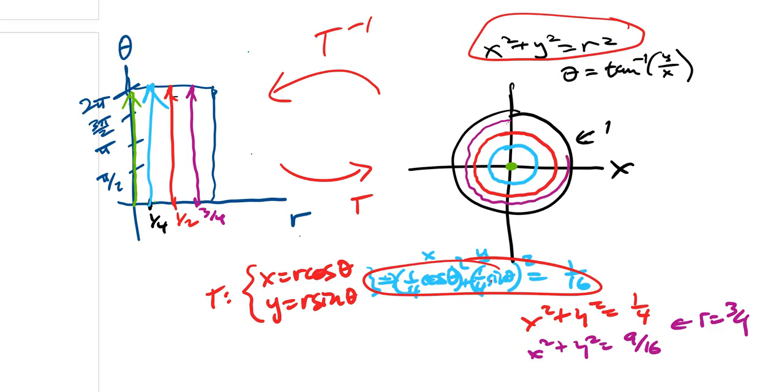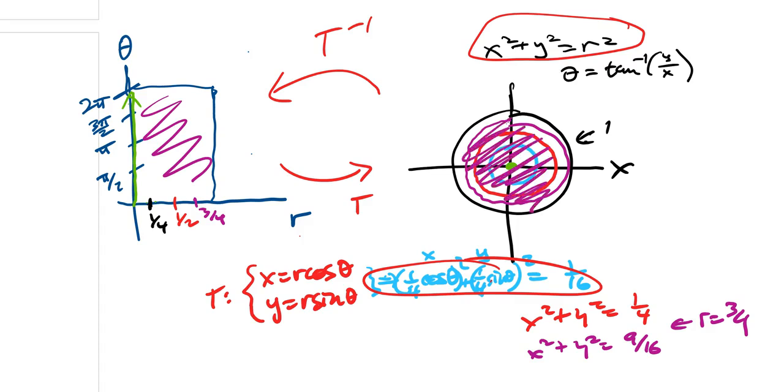So what happens here is these vertical lines become circles, and the horizontal lines become rays. And so this rectangle here is completely filling in this circle here.